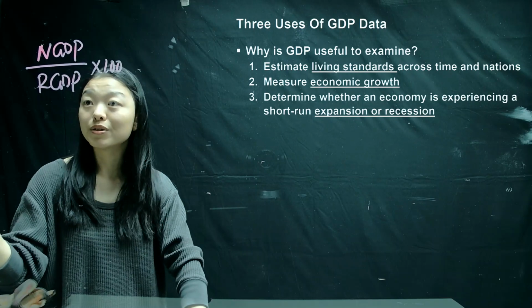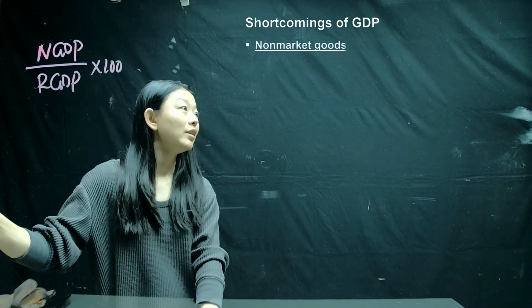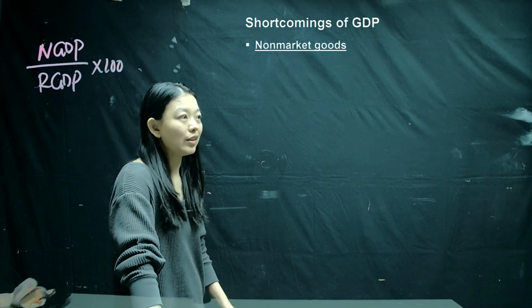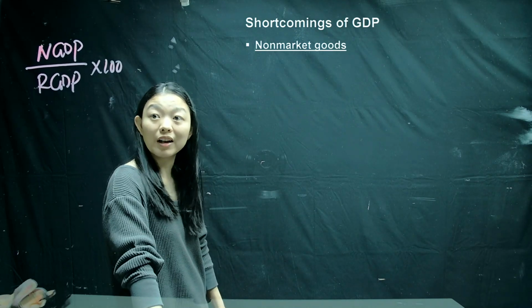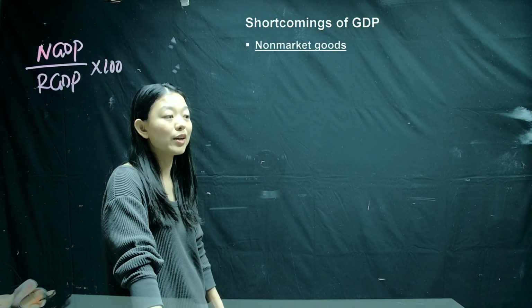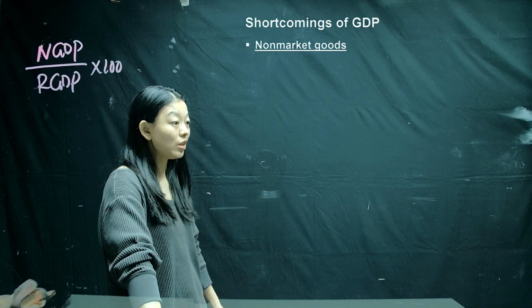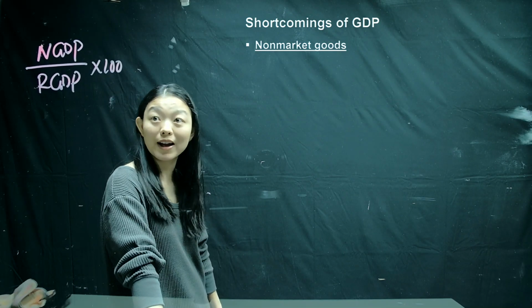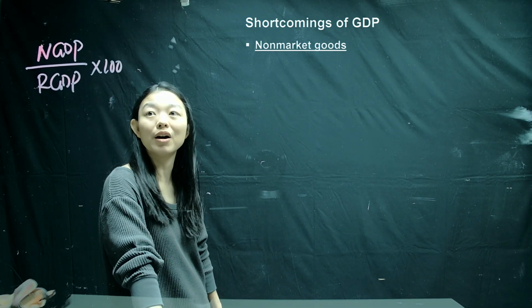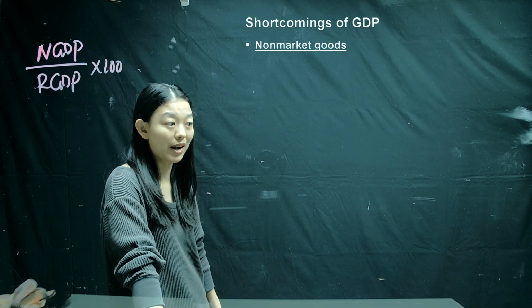However, GDP also has some drawbacks, because GDP doesn't include non-market goods. If you still remember the definition of GDP, we use it to compute the market value of all final goods and services, right?